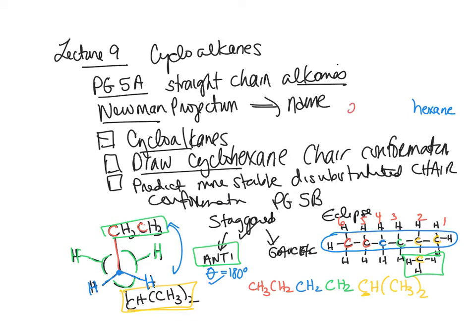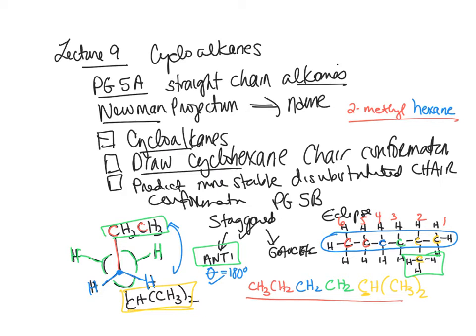So that would be 2-methylhexane. One of the things you need to be able to do after doing lecture 8 is to take these Newman projections, convert them to the condensed formula, and then be able to name them.